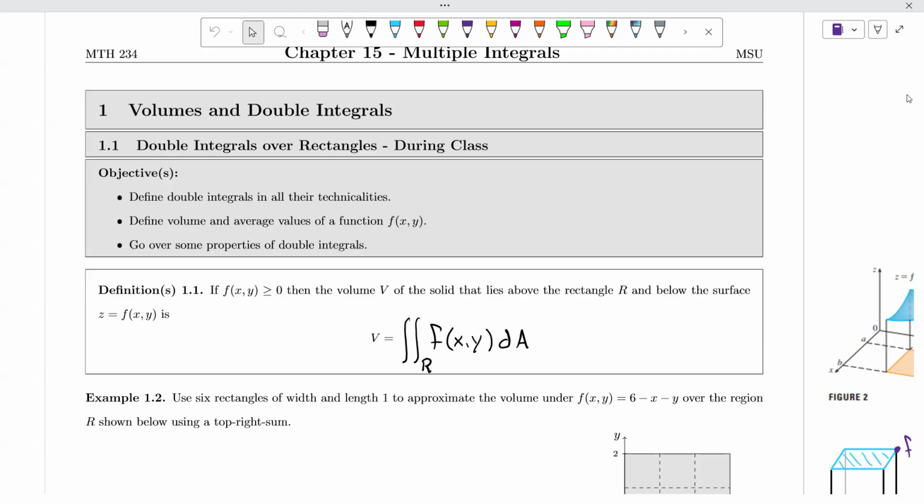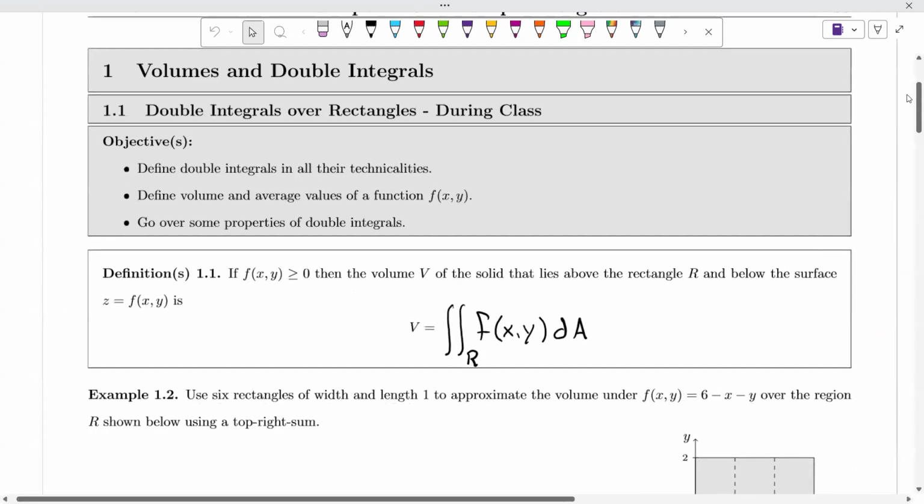It's an integral with 2 integral signs, hence double integral. Practically speaking, once we actually start evaluating them in a significant way, we will just be doing 2 integrals in succession. So we'll probably do one for x, and then one for y, kind of the same way that we do our partial derivatives, where we have one for x and one for y.